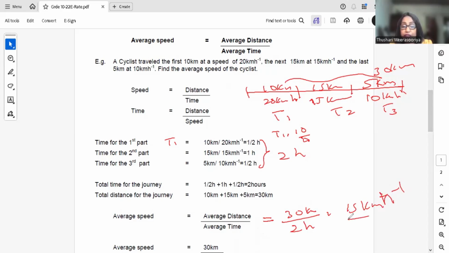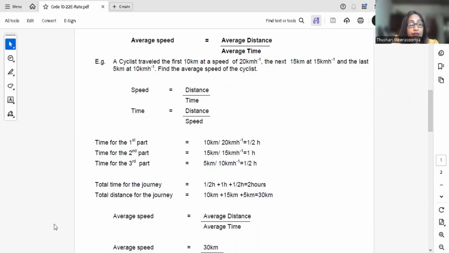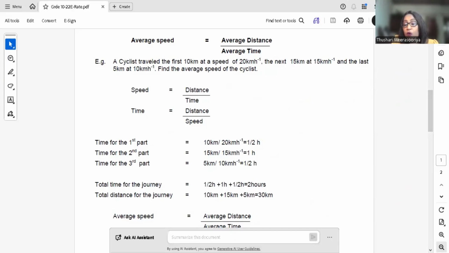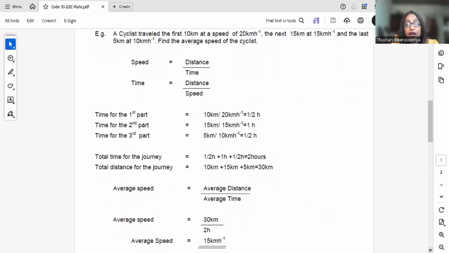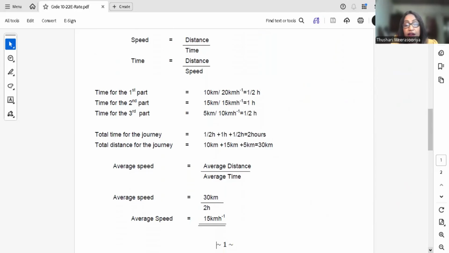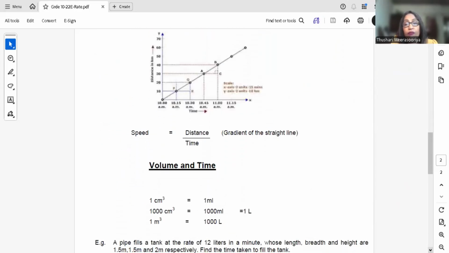That is the average speed of the cyclist. I assume you can understand how to find the average speed: you get the total distance and the total time and divide.